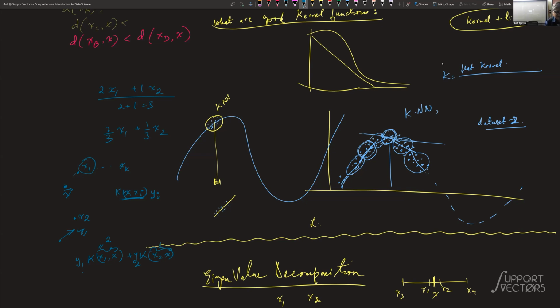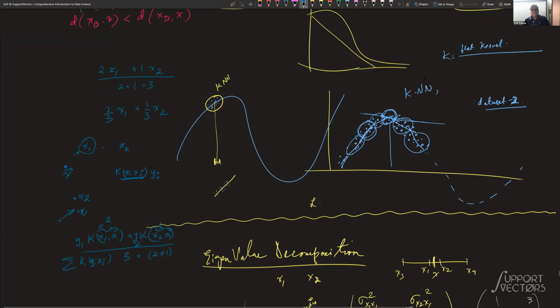So you need to divide it by 3, which is 2 plus 1. What you have just done is divide by the summation of k(xi, x). This will vary depending on the neighborhood points.